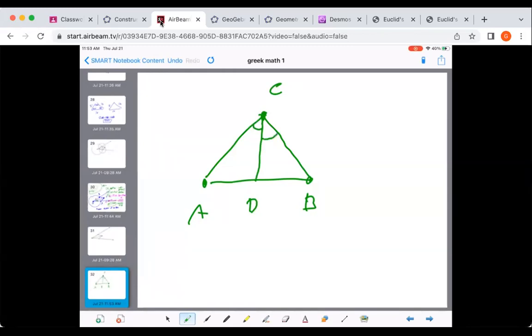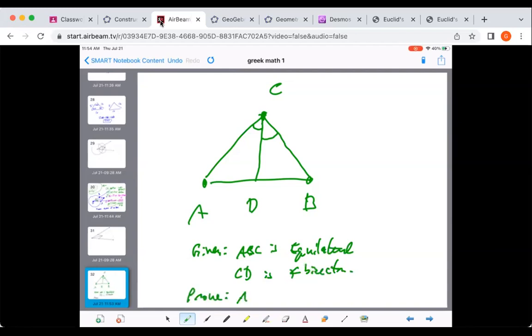So given ABC is equilateral and CD is angle bisector, prove that AD is congruent to DB, which makes D a midpoint.